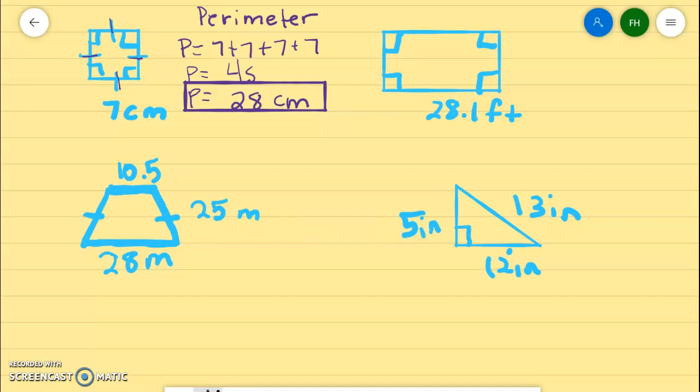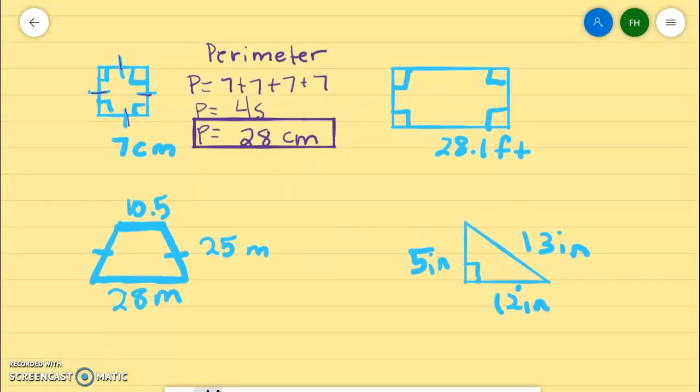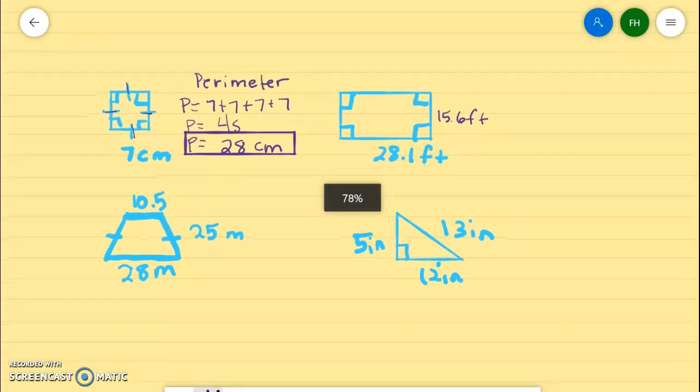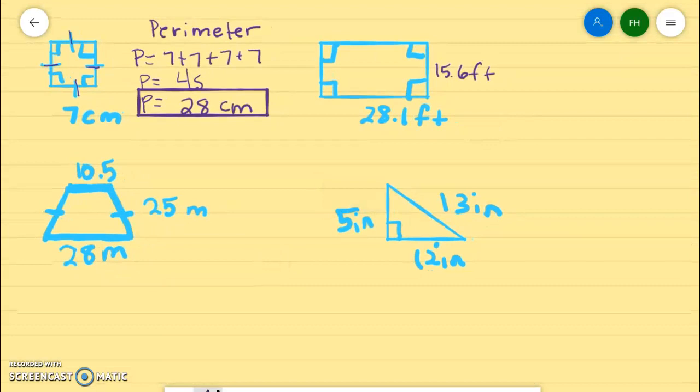So for the next one, we have a rectangle, and they have to tell you the length and the width, because a rectangle doesn't have equal sides like a square. What I know about a rectangle is the lengths are the same and the widths are the same.